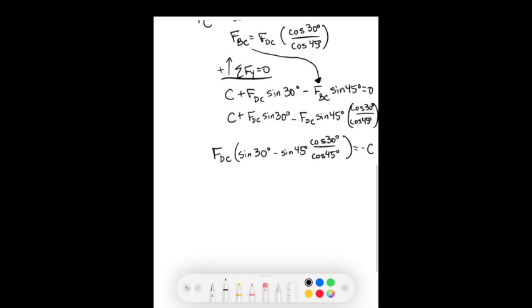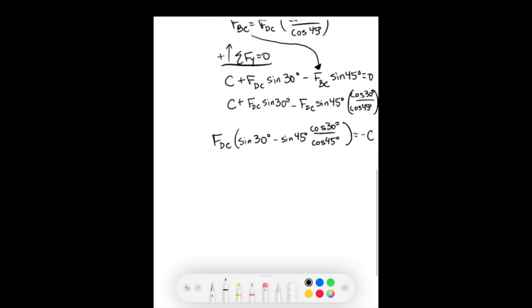I prefer to leave all of this until later to compute and put into my calculator. So when I do that, I can find that the force DC is equal to 4.10 kilonewtons.